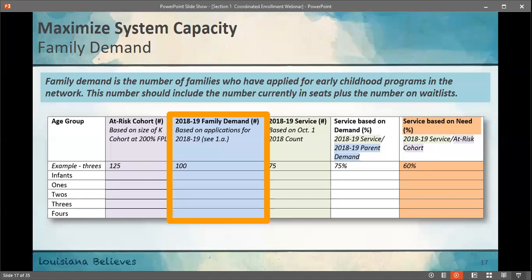So these should be representations of the number of children who are interested in seats, not necessarily the total number of applications, if you don't already have one unified application process.